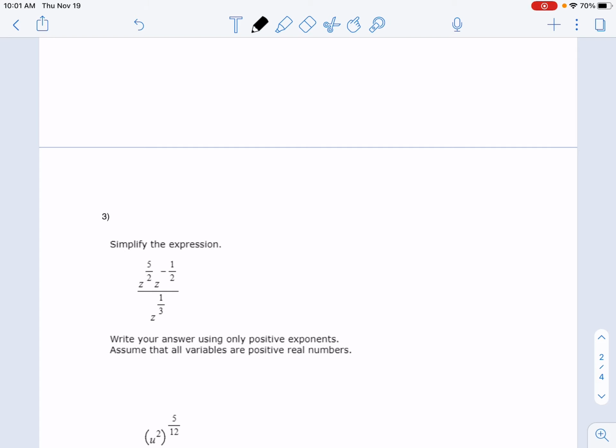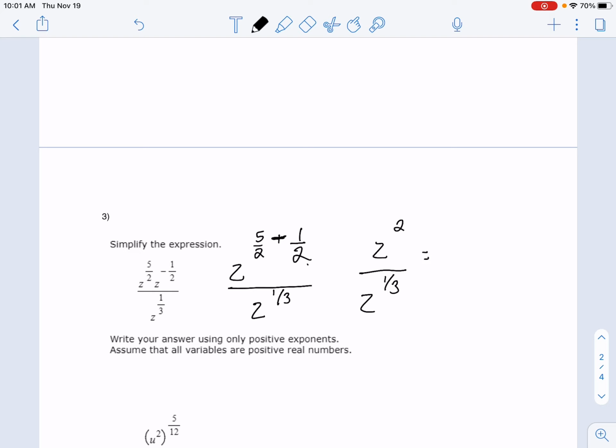So in the numerator, this is going to be z to the 5/2 plus negative 1/2, or we just think of it as minus 1/2, over z to the 1/3. So that's going to be, in the numerator, z to the 4/2, or z squared, over z to the 1/3.